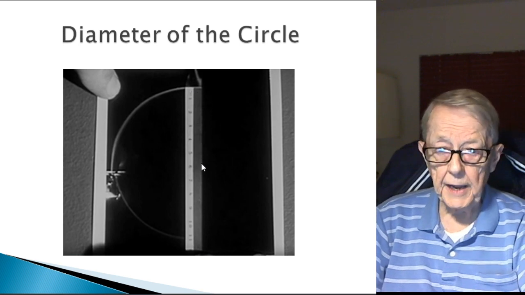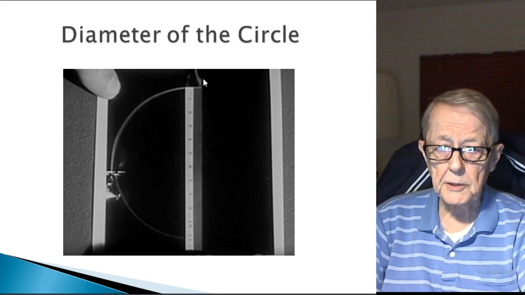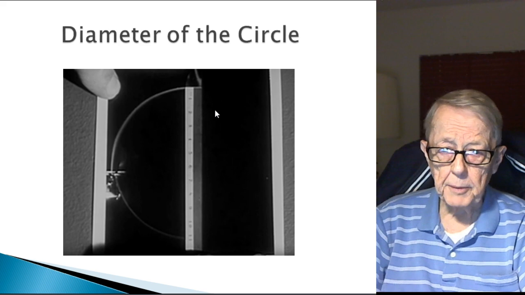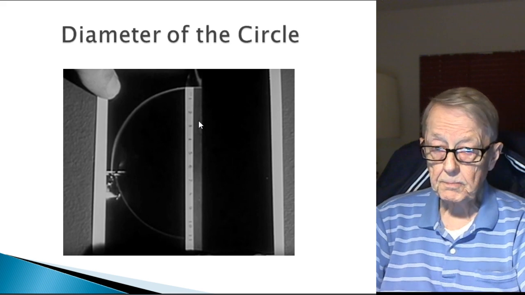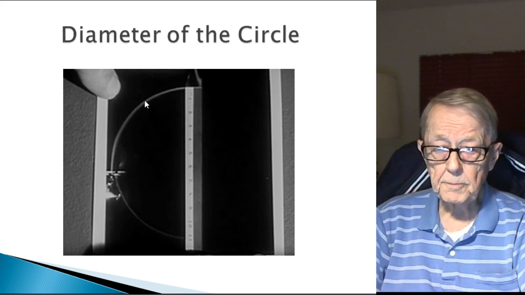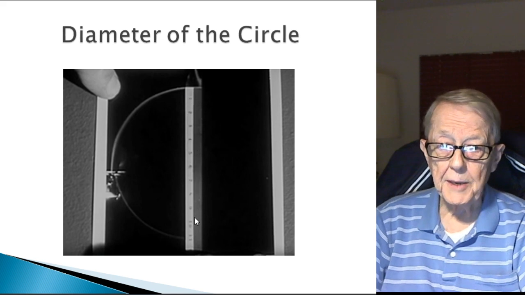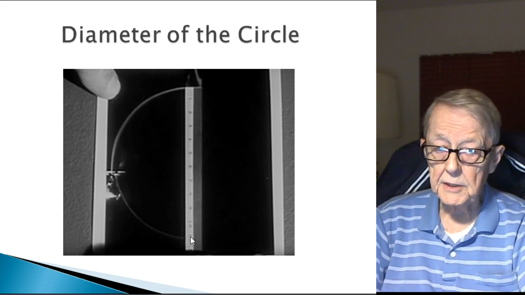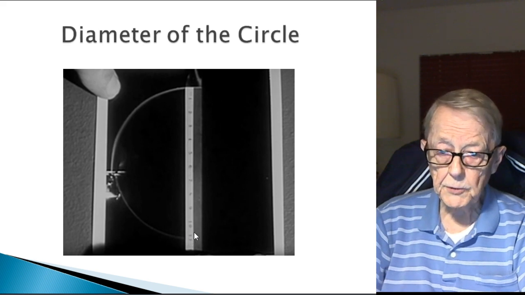They hang that and take a picture of it. Well, now they have two pictures. When they develop the picture, they cut part of the picture away so they can lay the meter stick on top of the picture of the circle that the electron makes, and they can now measure the diameter of this circle.